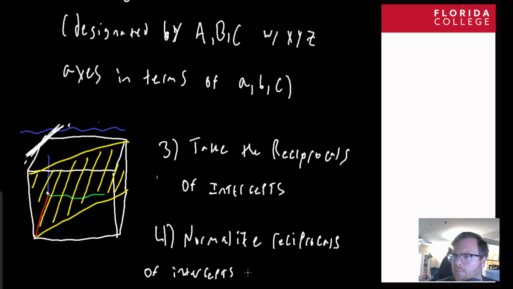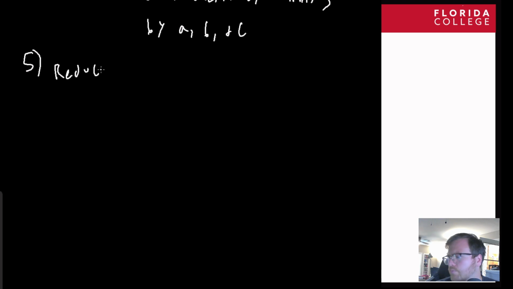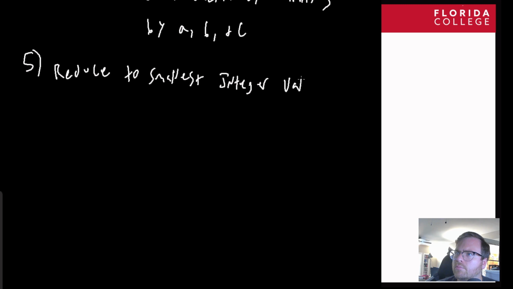We're going to do that again by multiplying by A, B, and C. Step 5, we're going to reduce to the smallest integer values. And then finally, we're going to enclose in parentheses.